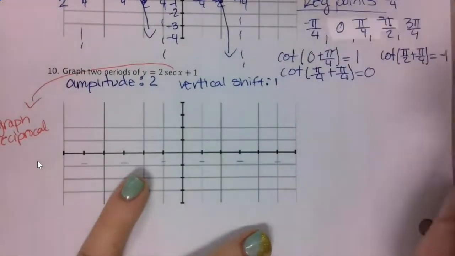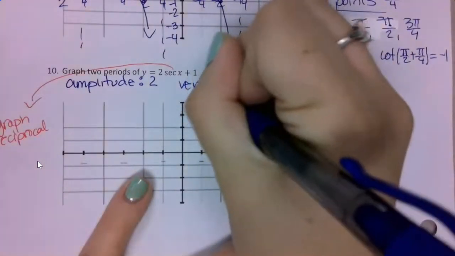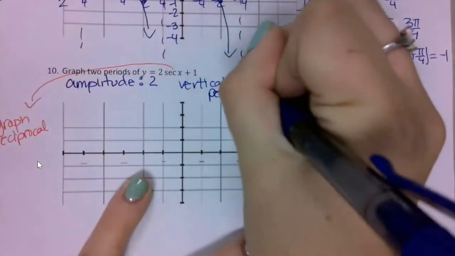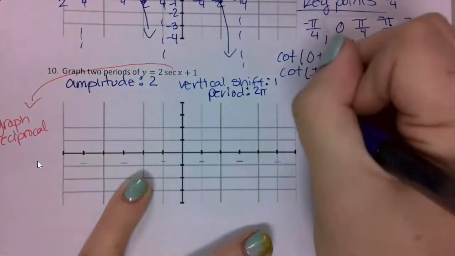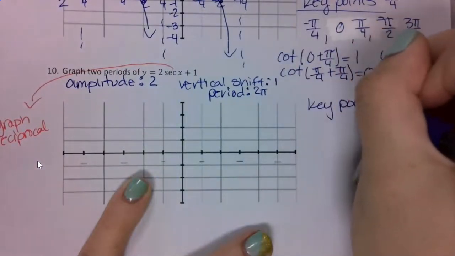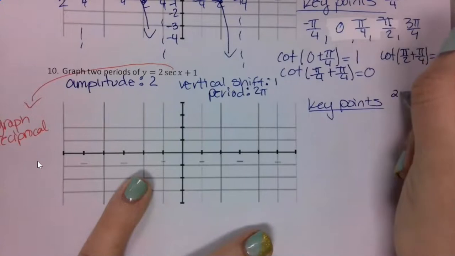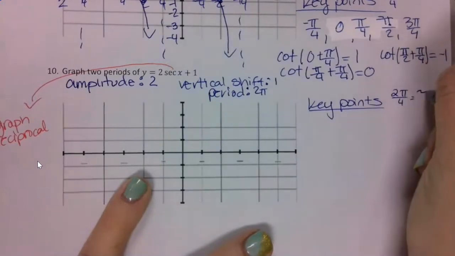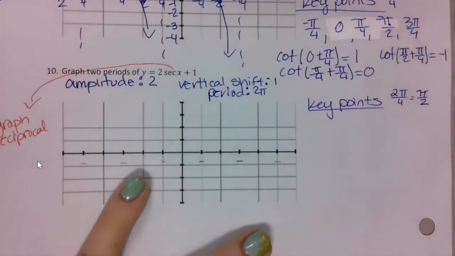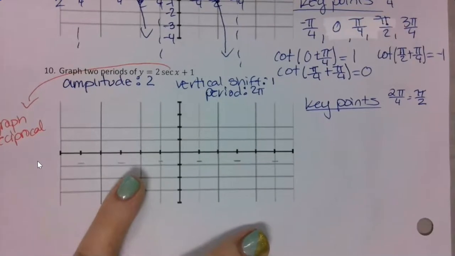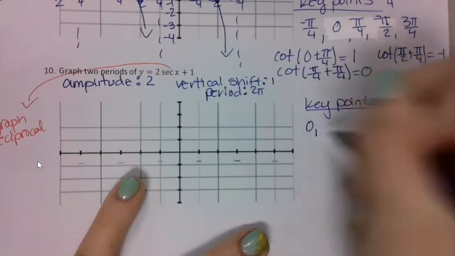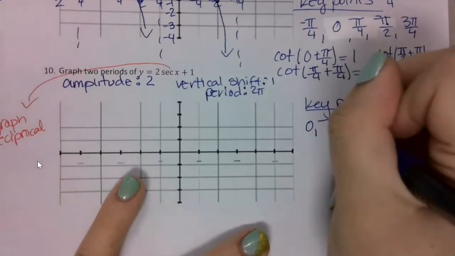First thing I need to do is, I forgot to set my period. It's standard 2 pi. So then I want to find my key points. This is taking my period and dividing by 4. So this gives me pi halves. I am going to start at 0 because there's no phase shift, just a vertical shift. And then I'm counting by pi halves.